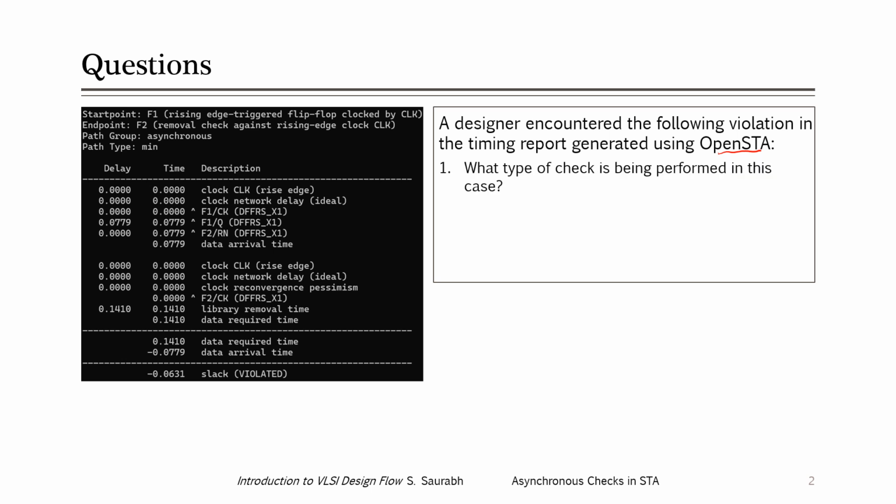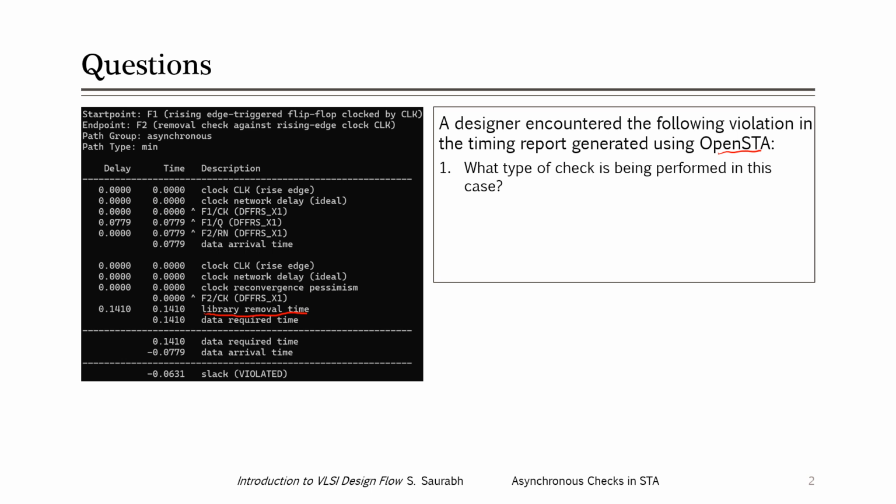So the first was, what type of check is being performed in this case? This question is pertinent because we see that the check is not performed in a conventional manner as setup and hold check on a flip-flop, but there is something called library removal time which is being checked.